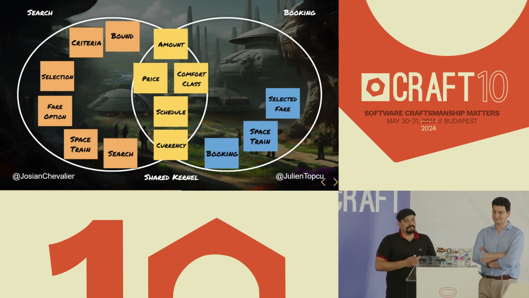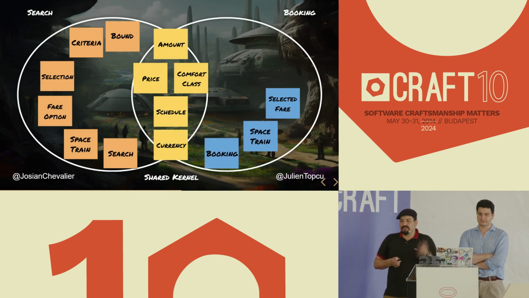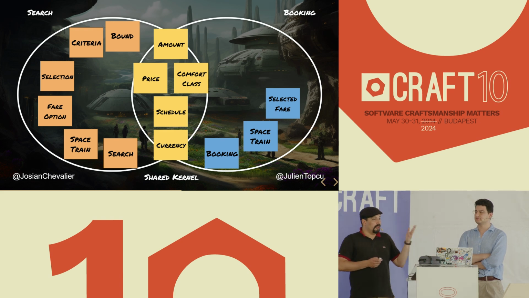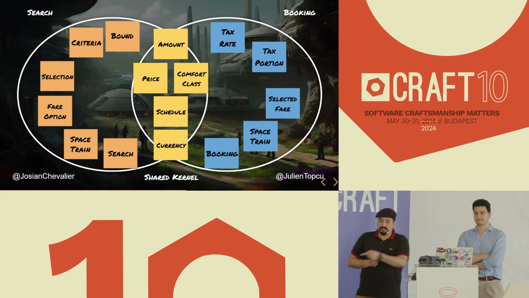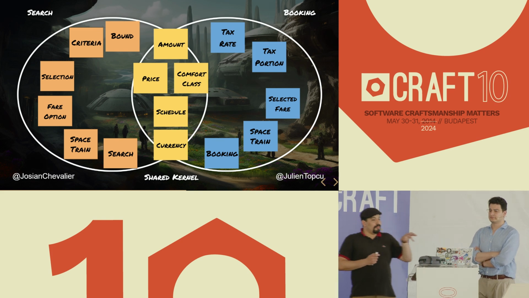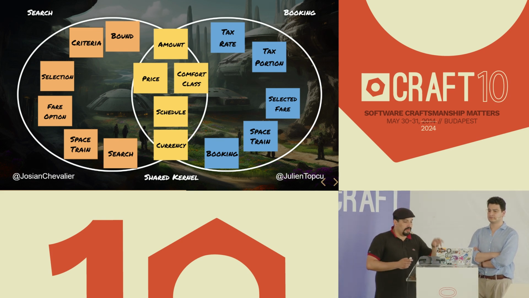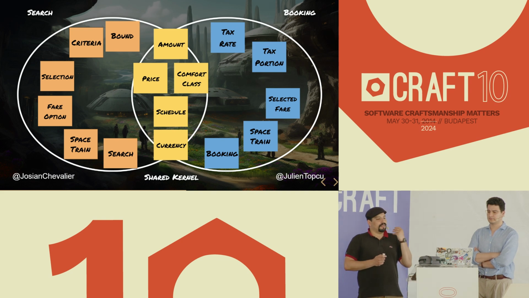So, C-3PO, we just added a new feature, tax portion computation, which introduced new concepts like tax rate and tax portion in the booking domain, which creates some pressure on the shared kernel, more particularly on price and comfort class that need to evolve to have new behaviors.